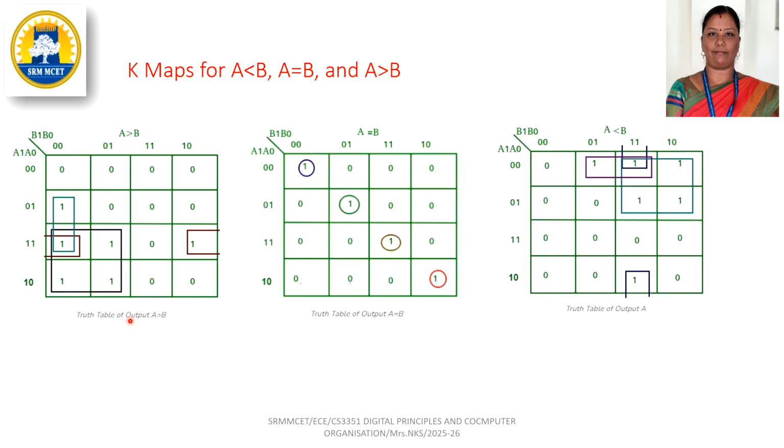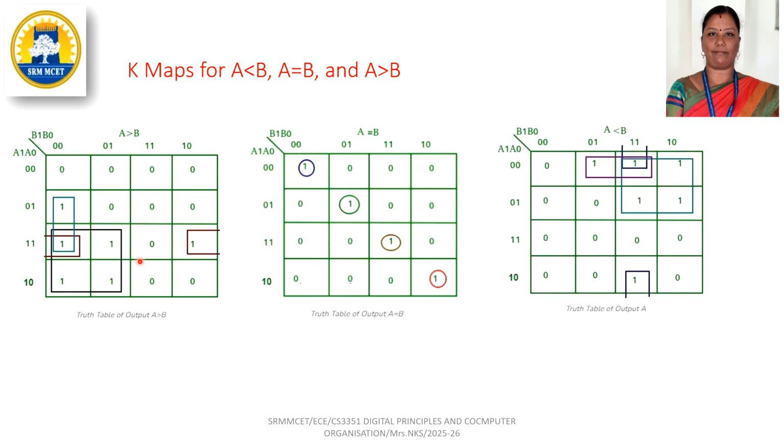In the column, I have taken B, and in the row, I have taken A. So A0, A1 and B0, B1. We can build the K-map, and we have to put 1 where the outputs are 1. For the respective combinations, we write 1 and group them.